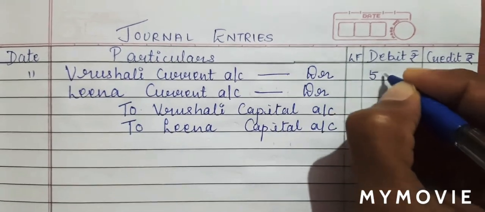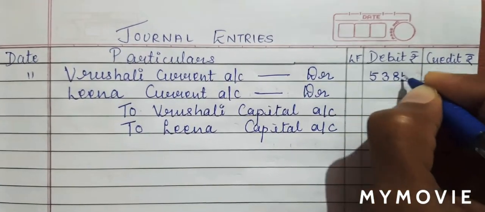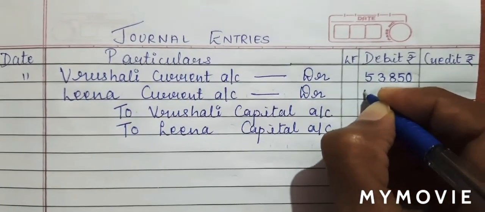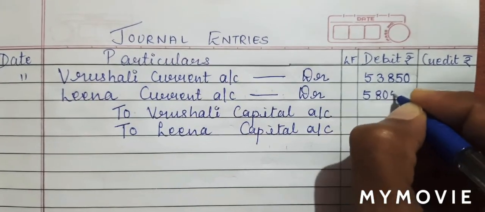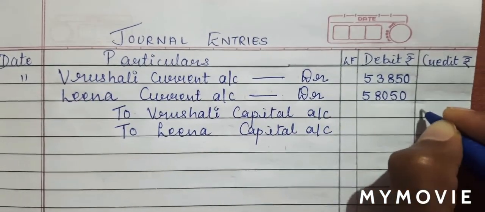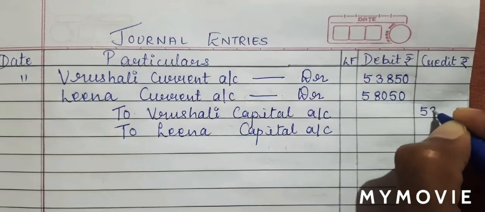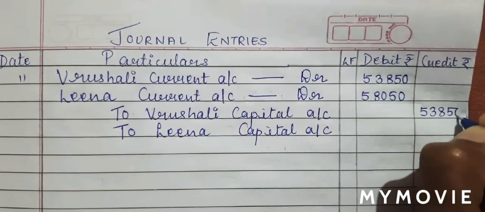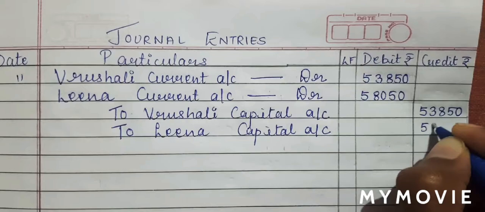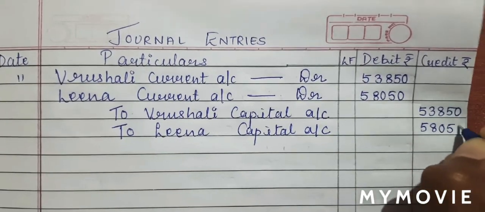So we will write the amount. Vrushali is 53,850. Leena's amount is 58,050. The same amount will copy here for Vrushali 53,850 and for Leena 58,050.